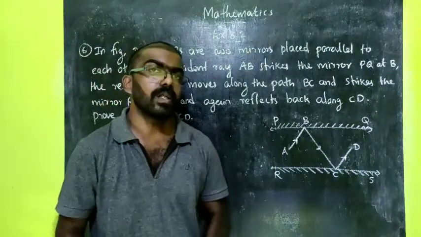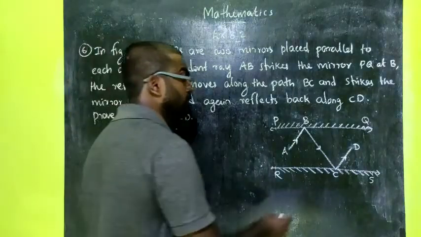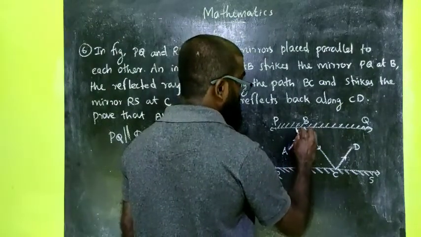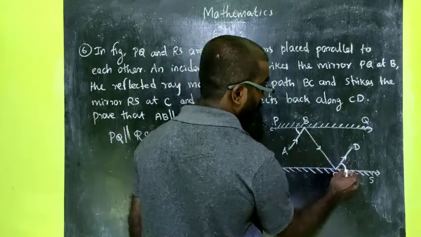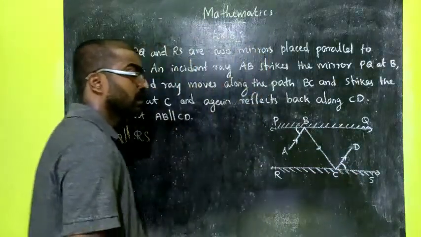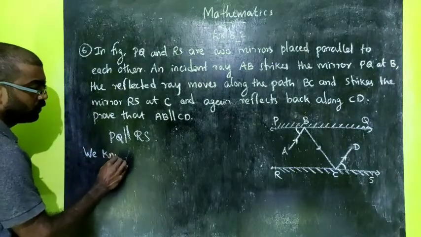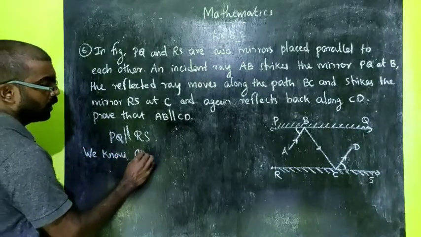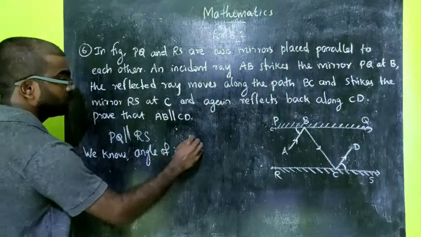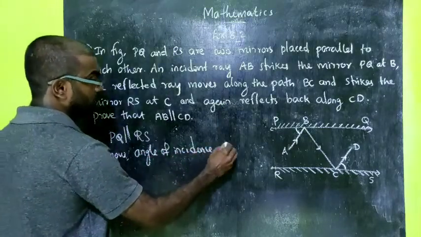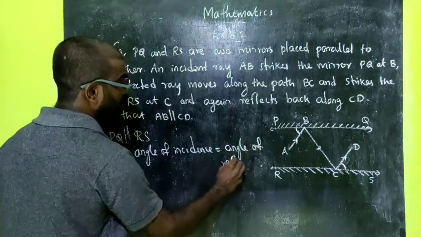Okay. We all know the concept: angle of incidence equals angle of reflection. Here it is the angle of incidence and here it is the angle of reflection. That we can write first. We know angle of incidence equals angle of reflection.